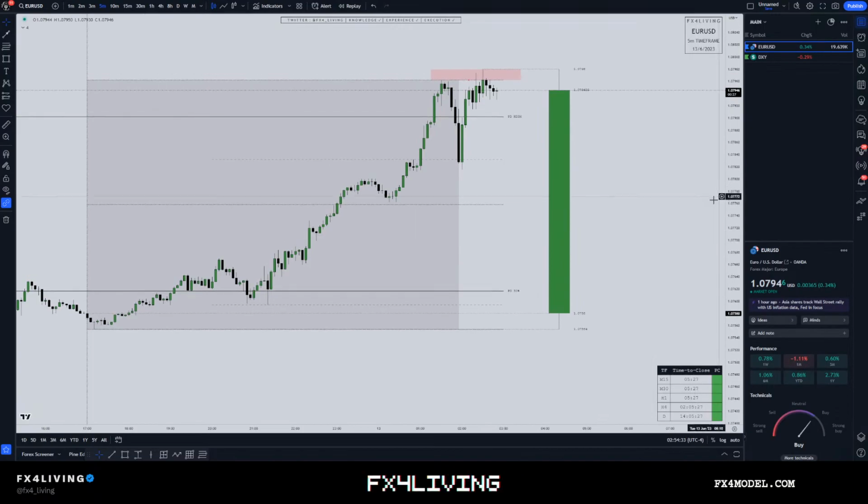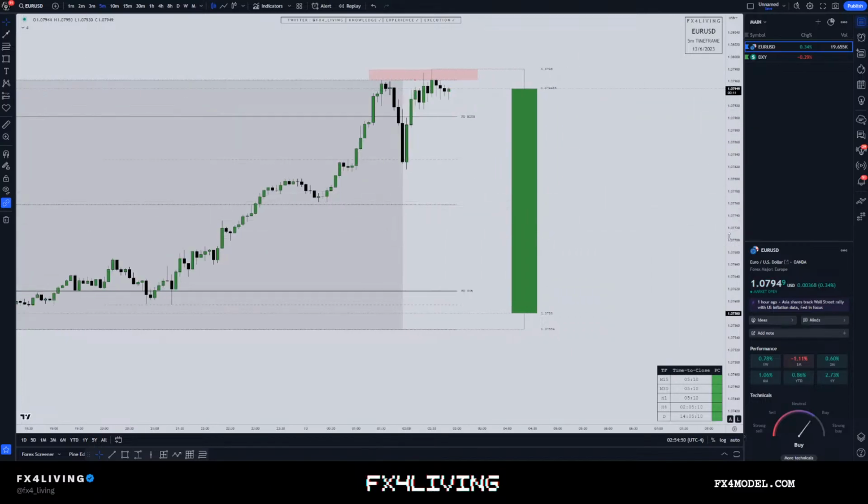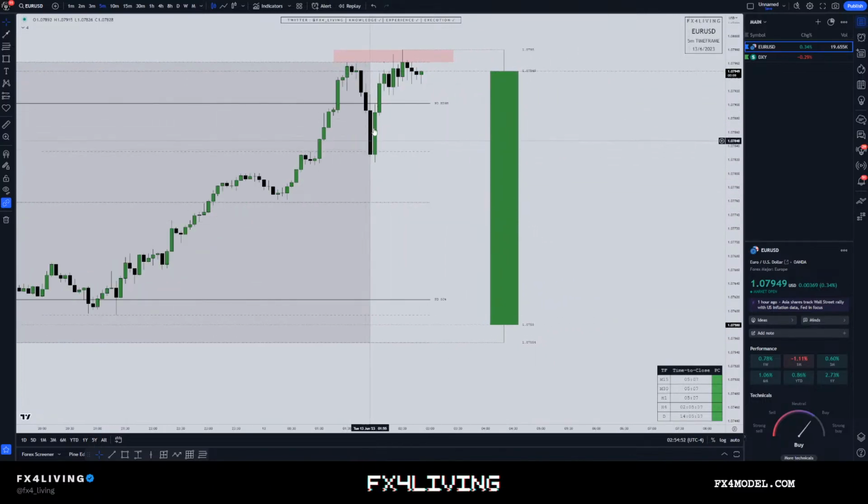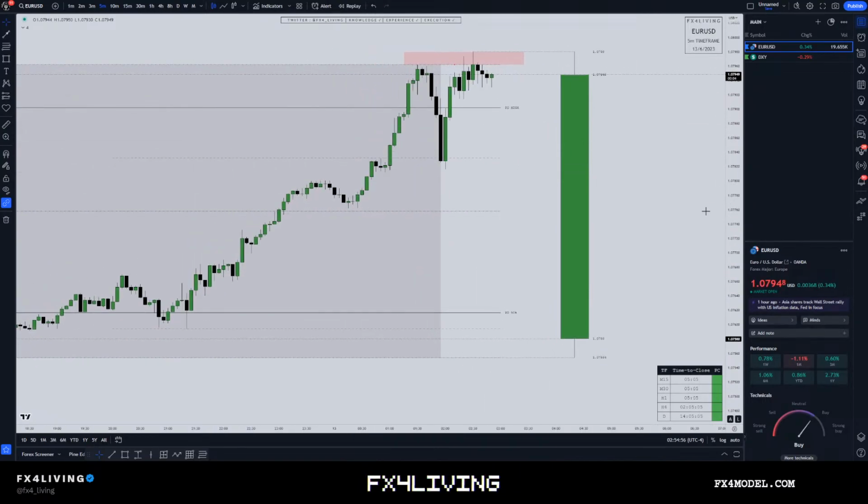I want to see some sort of displacement. I want to see who's controlling the market, because I want to see an institutional move. So what does that mean? That's not a small candle like that, right? An institutional move is like this move here, those big candles.